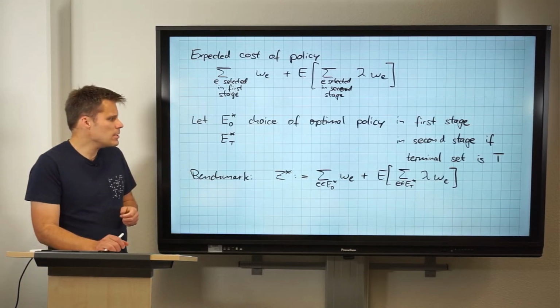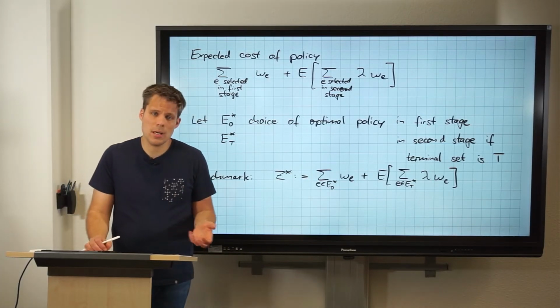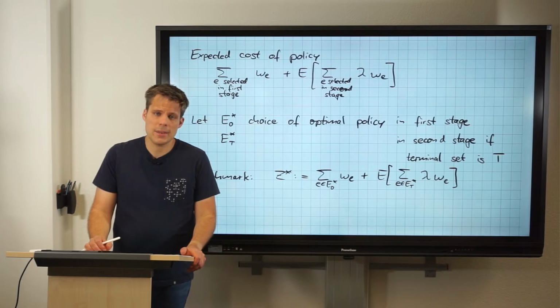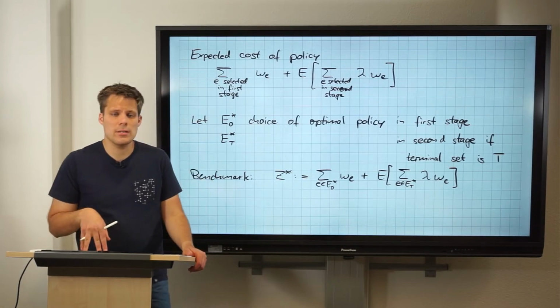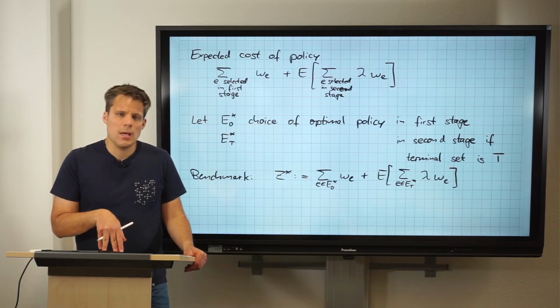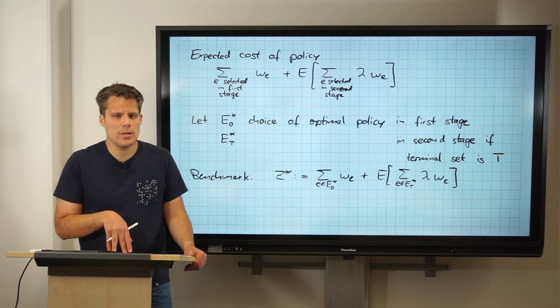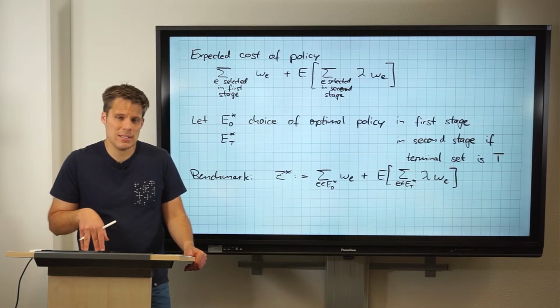Namely, what we'll do is we'll draw from the known probability distribution a couple of times, and this tells us what to connect in the first stage. And then we hope that having done this, we are well prepared for the second stage for whatever can come there.